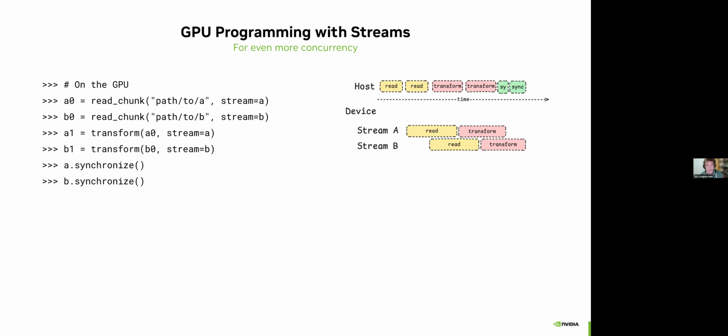And so we do have some way to express that in the program. All of the stuff that happens on stream A has to happen in this order. We have to read before we transform the data. Likewise with what happens on stream B, we have to read before we transform the B. But those two, A and B, can happen in any order. We don't really care what order it happens in.